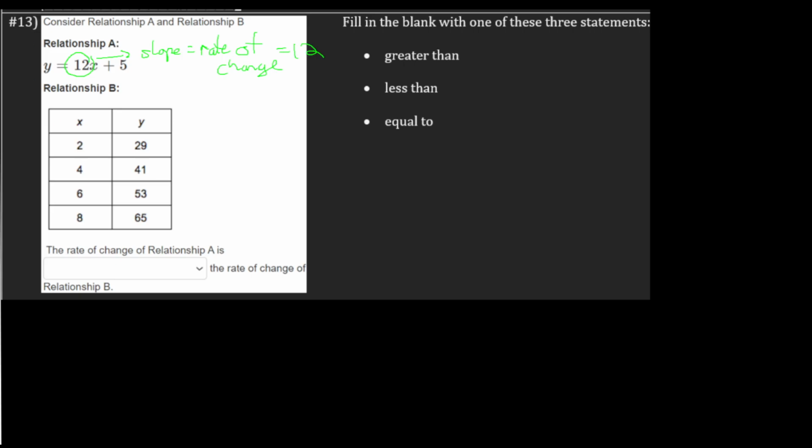Let's find our change in y. Change in y is plus 12, and our change in x is plus 2. Write it as a fraction. So the slope of B is equal to 12 over 2, which is equal to 6.